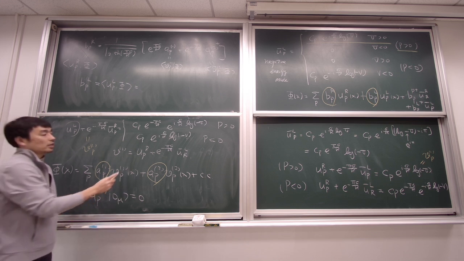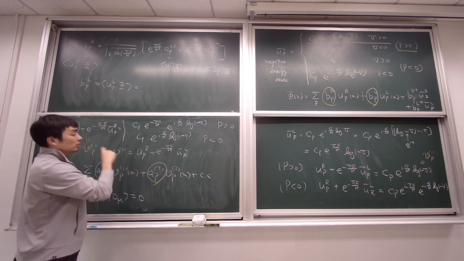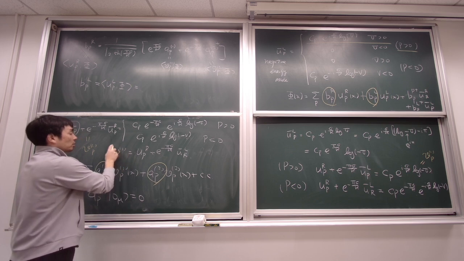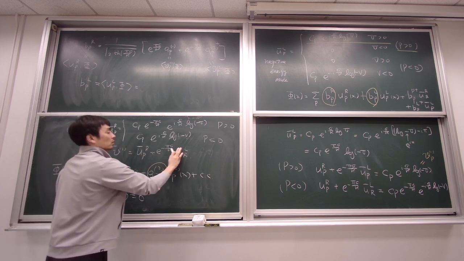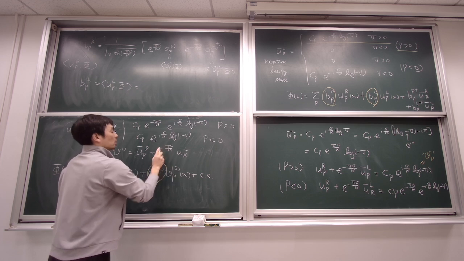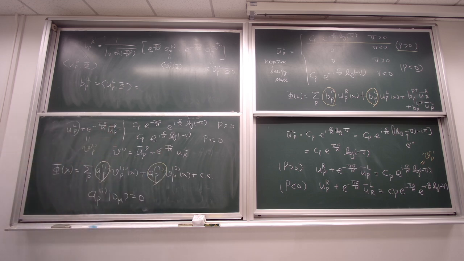So therefore, to get this one, what we need to do is you just take a complex conjugate. Okay. So just complex conjugate, and then you need to multiply here.